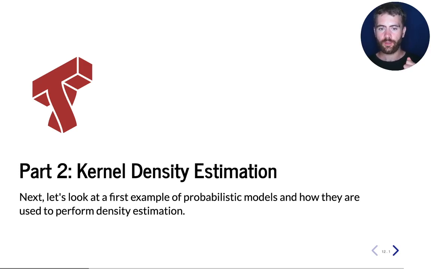Now I'll define a particular form for probabilistic models, and we will look at how to fit these models to data. This is a very simple but still important and useful way of performing density estimation in several interesting settings.